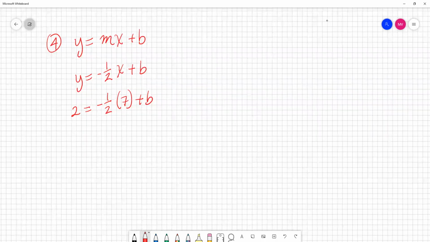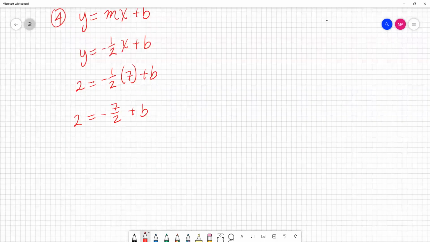So 2 equals -7/2 plus b. So what do we do to isolate our variable b? We add 7/2 to both sides. That 2 becomes 4/2. Got to find a common denominator. Hopefully we all know what I just did.